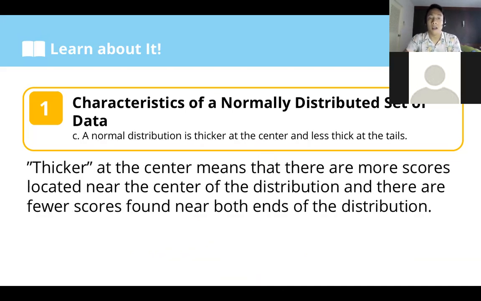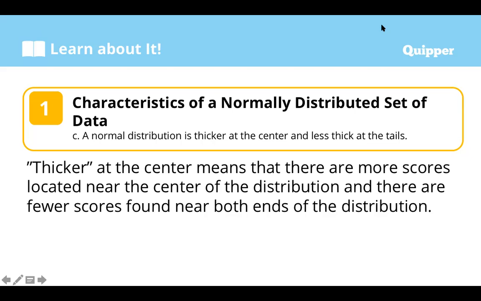Next, letter C, our third characteristic. A normal distribution is thicker at the center and less thick at the tails.